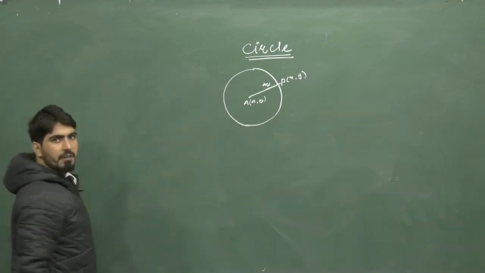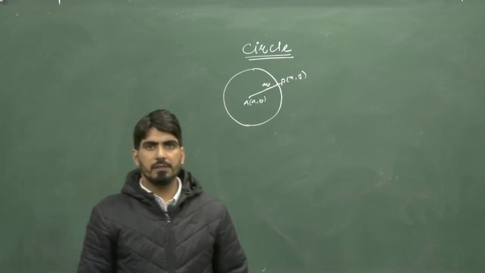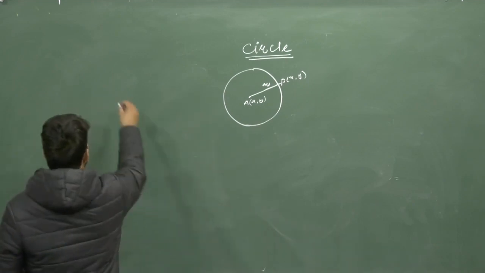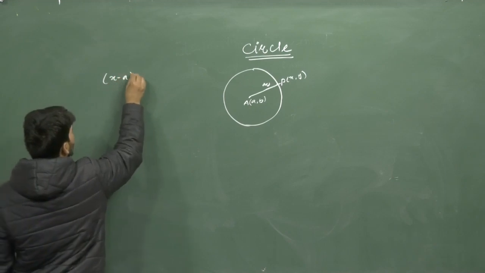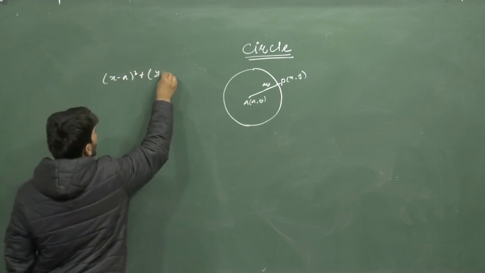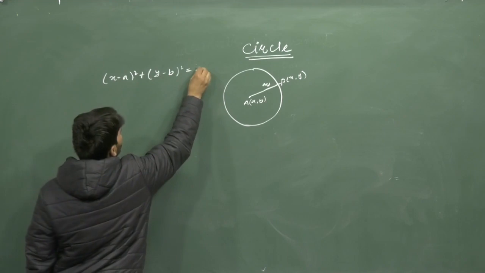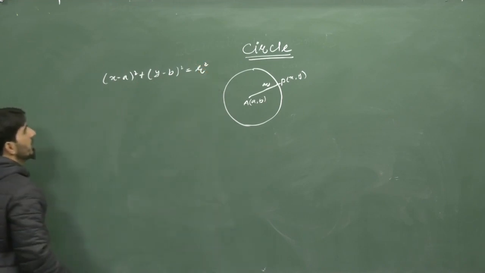So the standard equation of circle is x minus a whole square plus y minus b whole square is equal to r square.